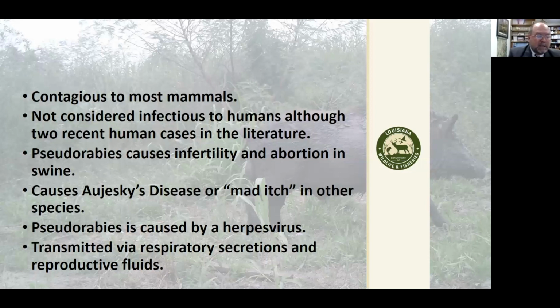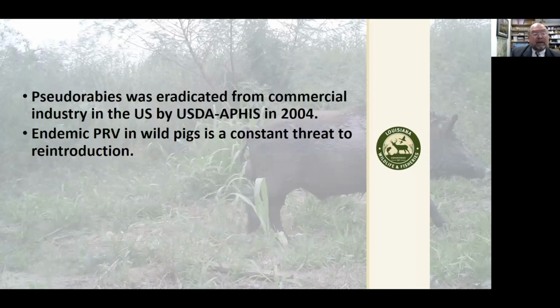In other species, it's called Olszewski's disease or mad itch, and it's transmitted via respiratory secretions and reproductive fluids. So it is a venereal disease of pigs and can be spread through saliva, coughing, potentially at a corn feeder if they're salivating there. Pseudorabies was eradicated from commercial herds through another test and slaughter program.